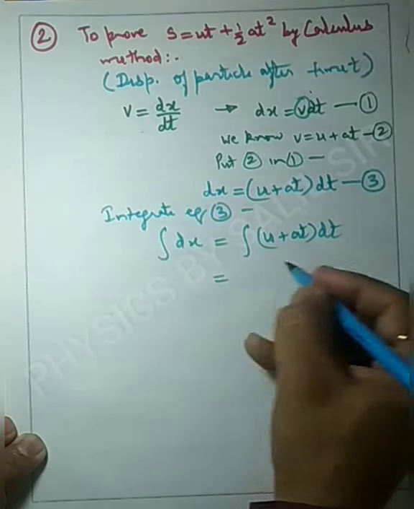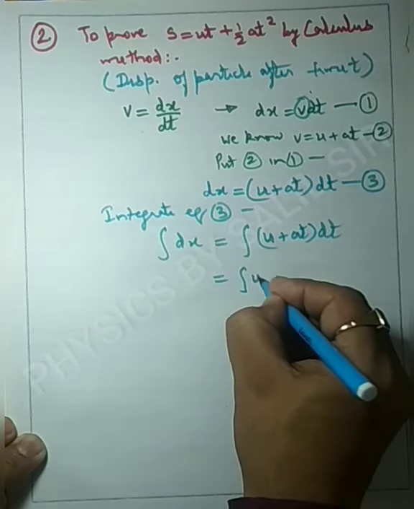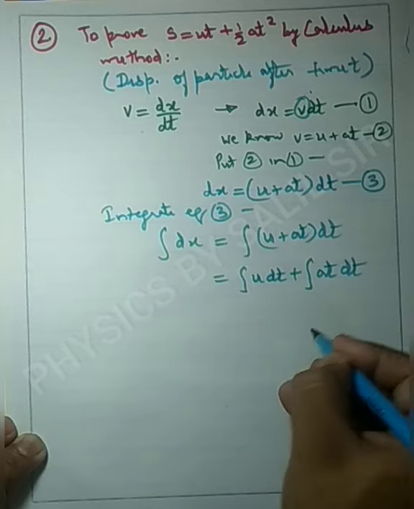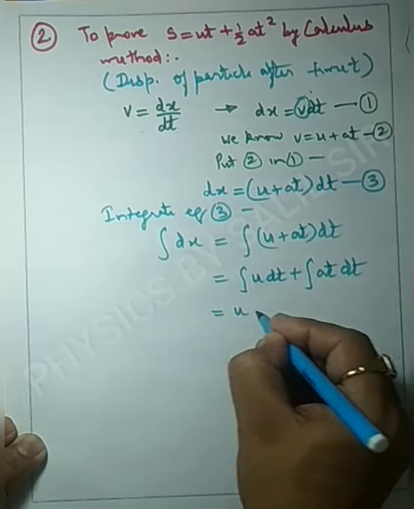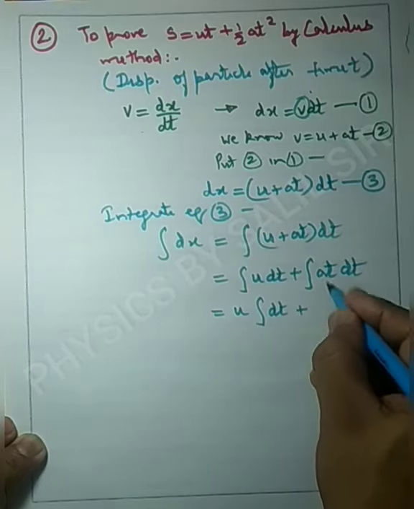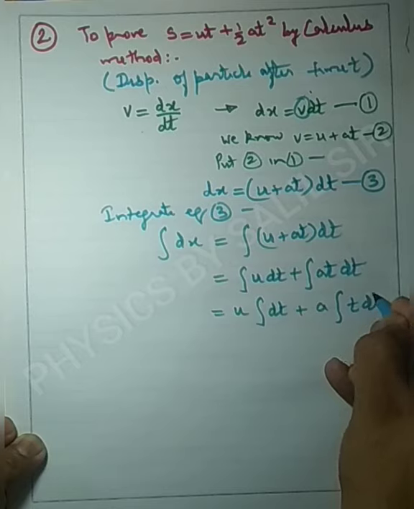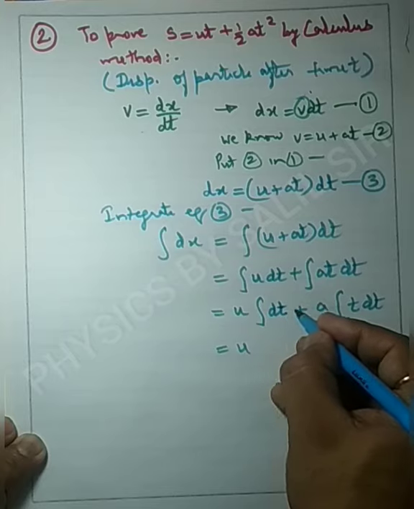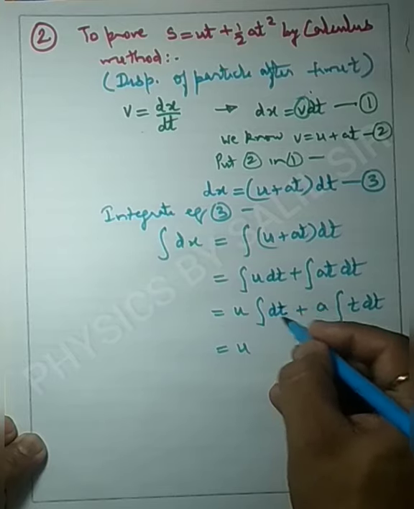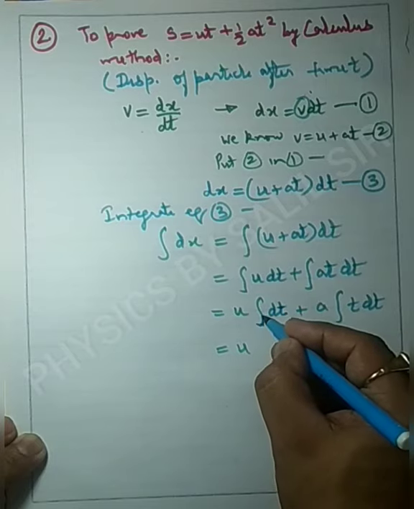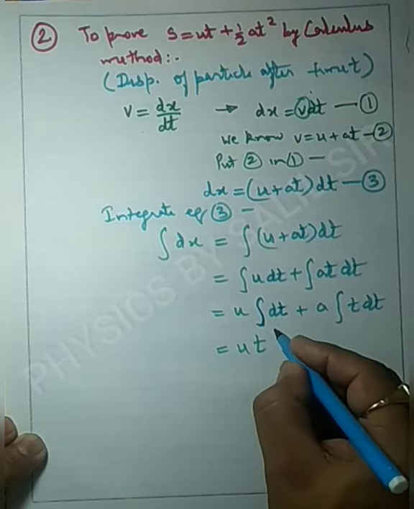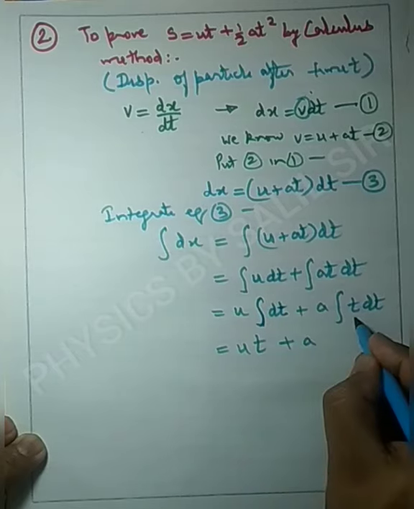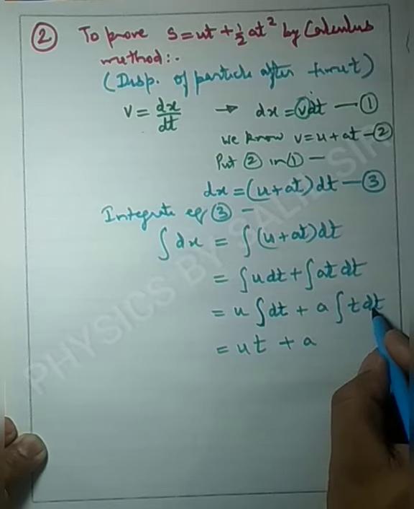Now open the right hand side as integral of u dt plus integral of at dt. u is constant, we can take out u, and integral of dt, dt is the small time, and you know that summation of all the small time can be represented by t. So in place of integral of dt, we can write t, plus a, in place of this t dt.